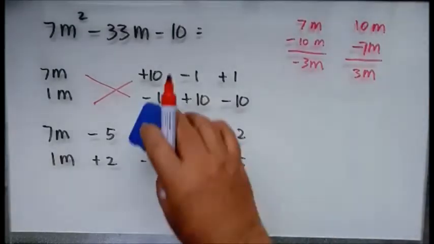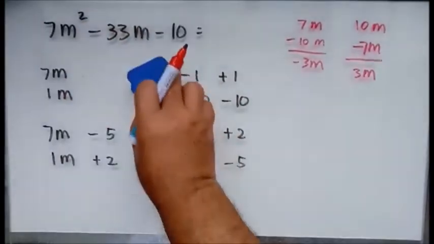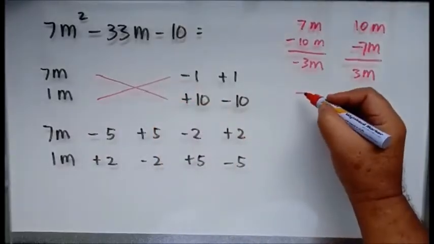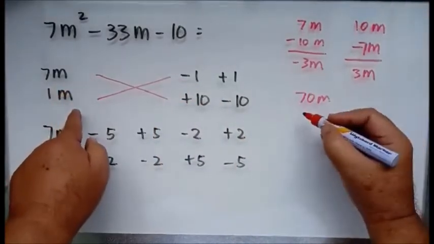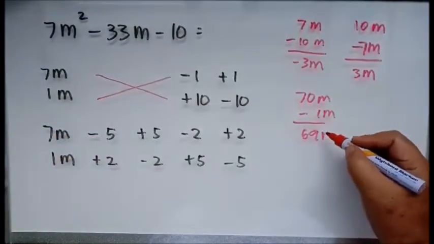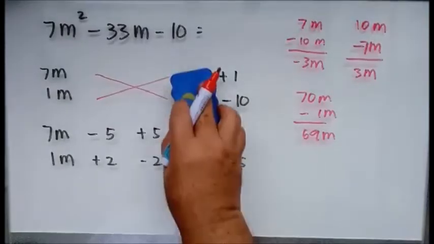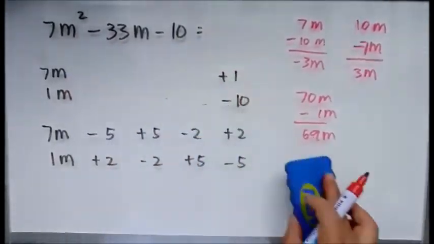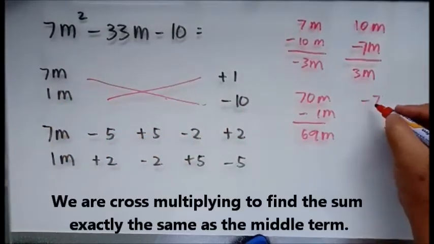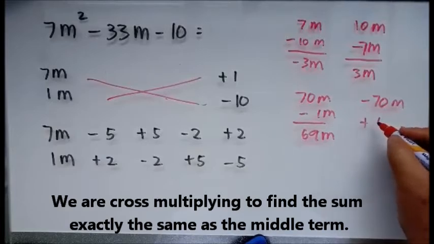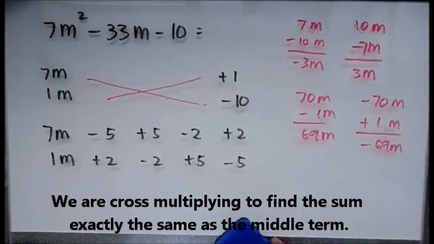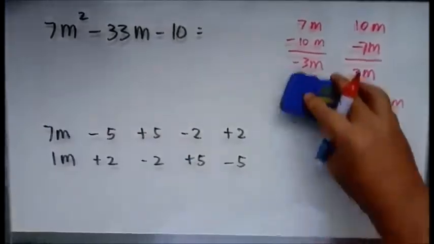So, this is wrong. Okay, let's try this one. 70m, negative 1, 69m. So, this is wrong. Okay, cross multiply. Negative 70m, positive 1m, negative 69m. So this is wrong. Okay, let's eliminate this.